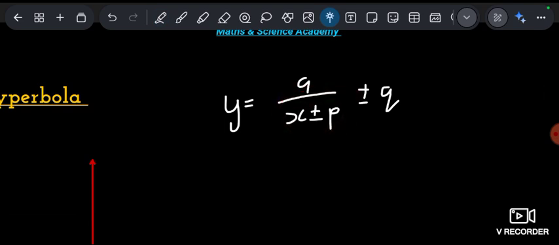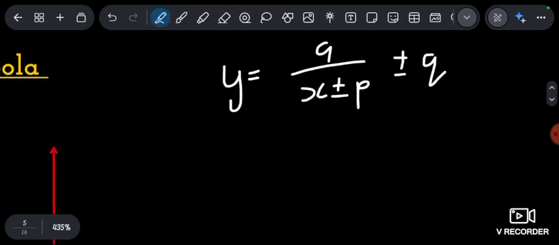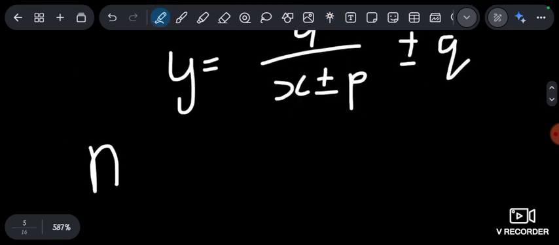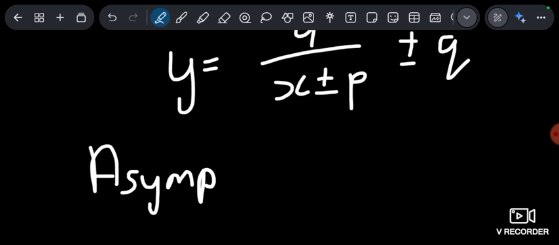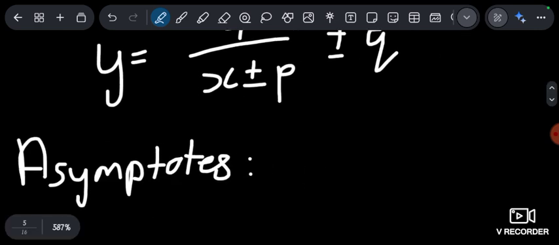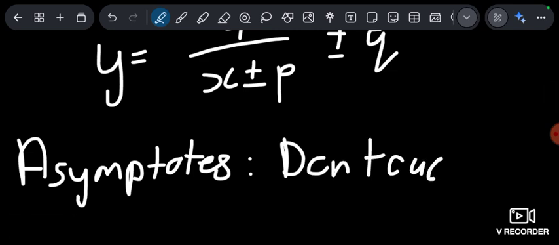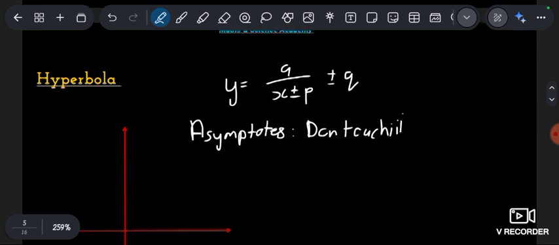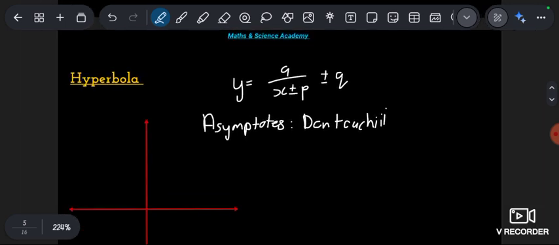But here we'll introduce a new word, if you haven't heard it before, that we call asymptotes, right? I call these ones the don't touchy, because if you have an asymptote on your graph, the graph must not touch the asymptote.